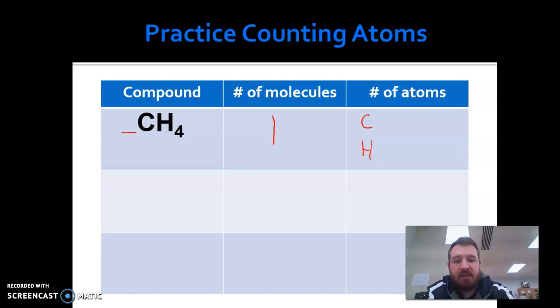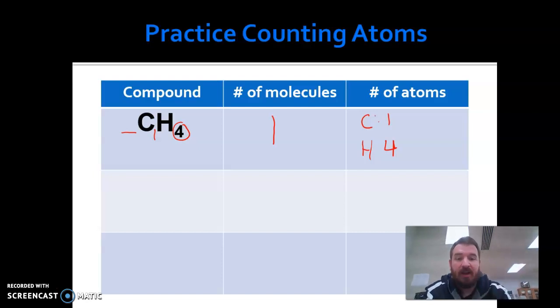Okay, I see that I have only 1 carbon. There's no number here, so we can assume it's a 1, and I see that I have 4 hydrogens.